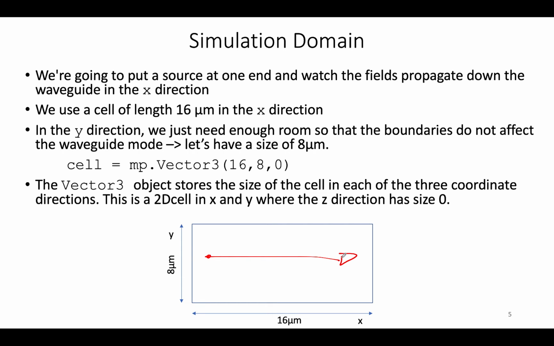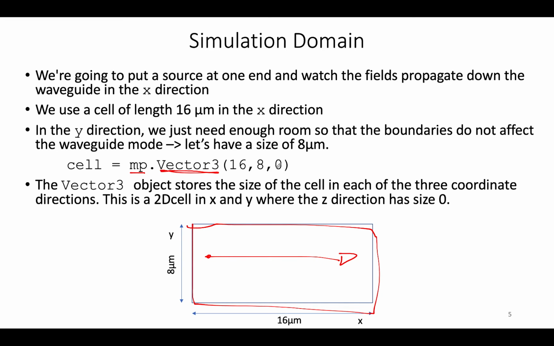We will use a simulation domain that is defined by this call. So we call mp.Vector3. What we called vector3 in the previous lecture in the Python interface is called Vector3. So the cell is going to define all our simulation domain, and we will need to provide the size.